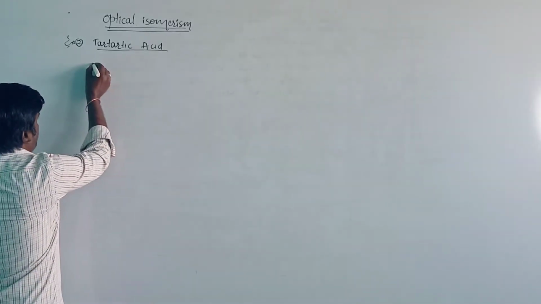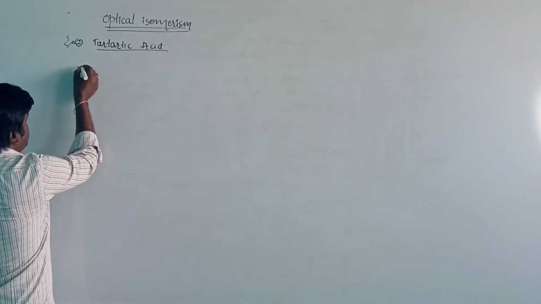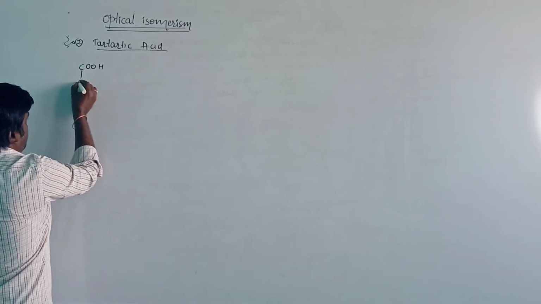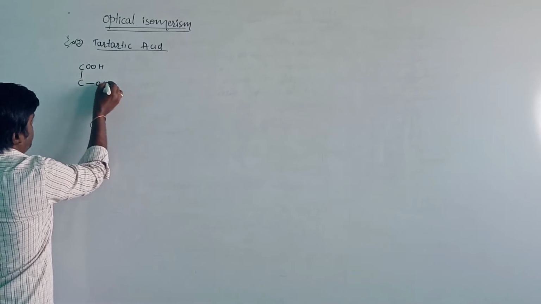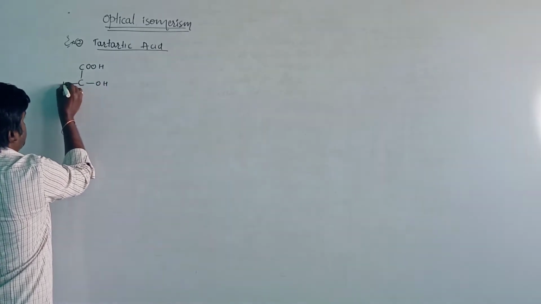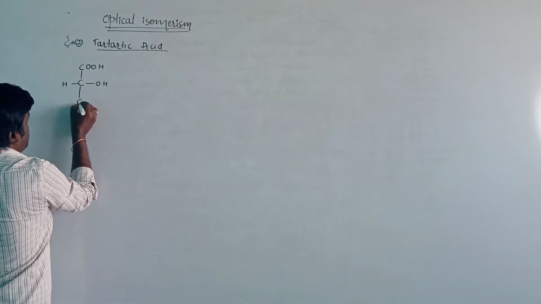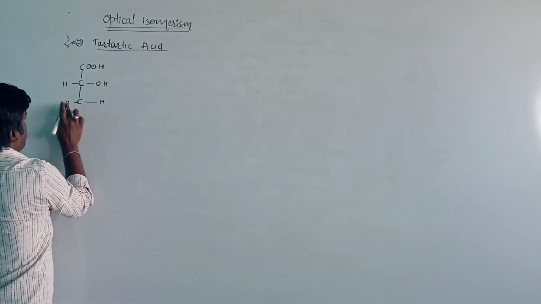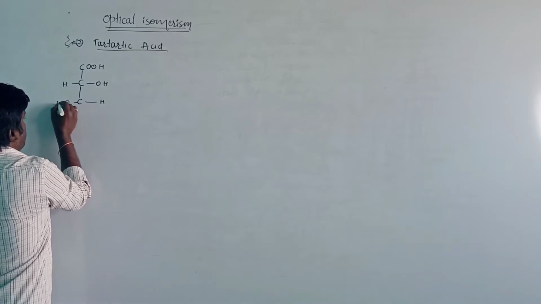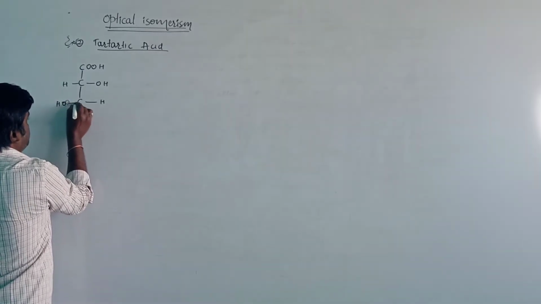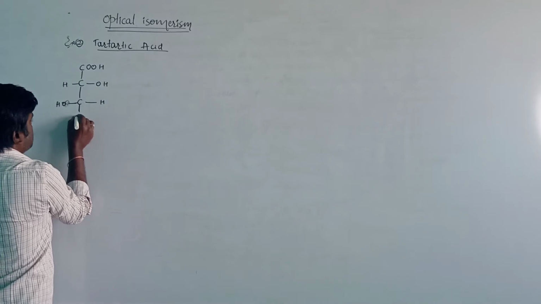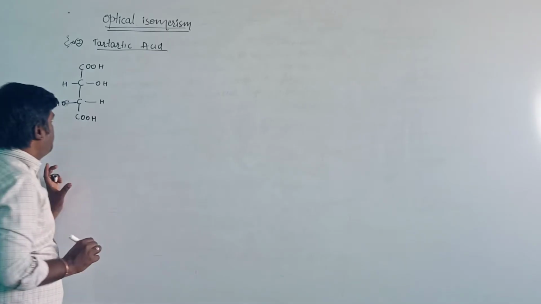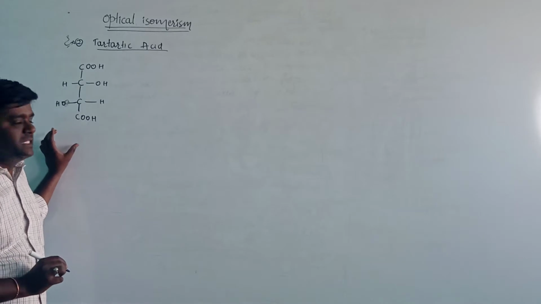The structure of tartaric acid is COOH, then OH here, H, and then H here and OH here, and the last one here, COOH.